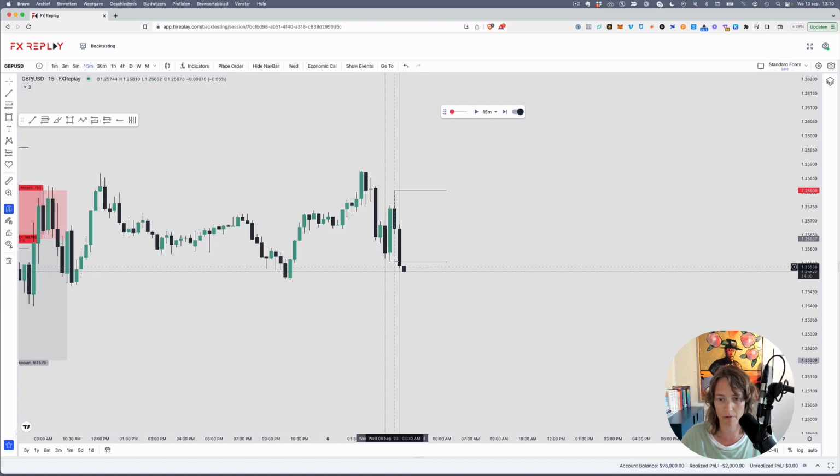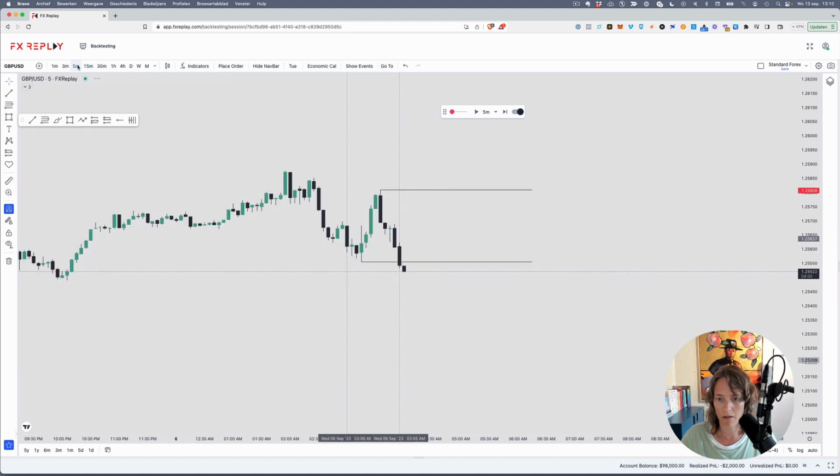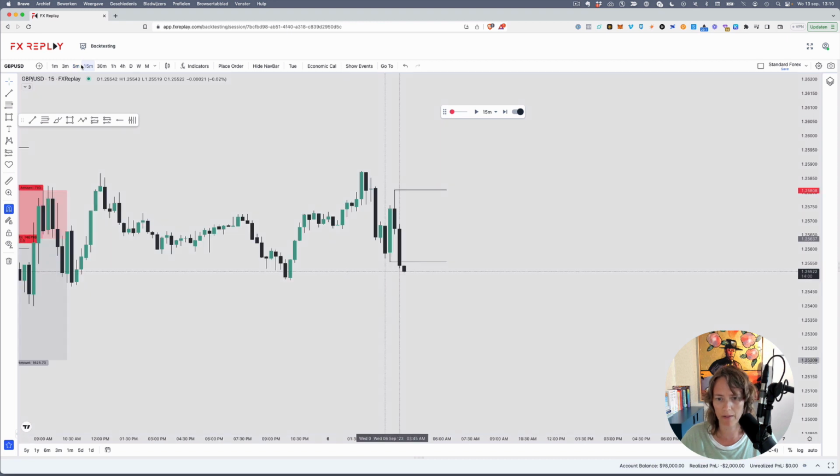But the 15 is probably not finished yet. This order block, fair value gap. Few inefficiencies. Let me look again.